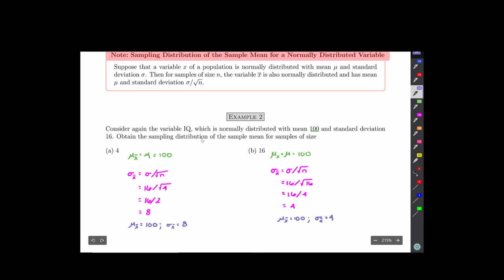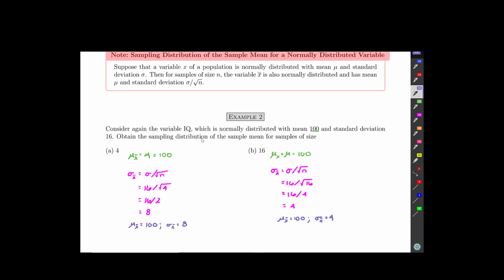So what this is telling us is that for sample sizes of 4 in part A, we would have the same mean of 100, and our spread is going to be 8 IQ points, our standard deviation. And then with part B, when we have 16 people in our sample, our mean is still 100, but now our spread is smaller. It's at 4. And so what we're noticing here is a trend.